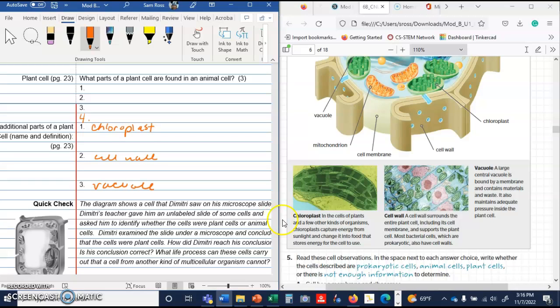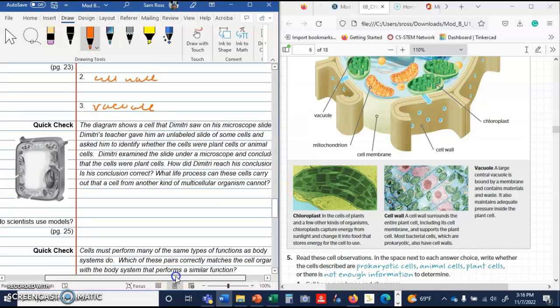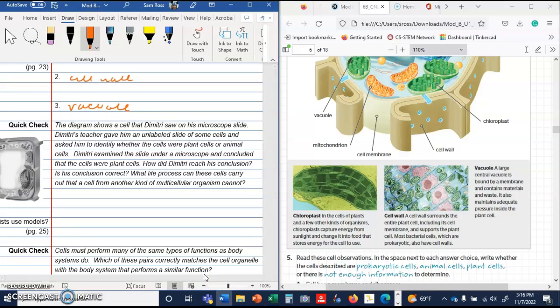So the chloroplast captures light from sunlight and changes it into food. The cell wall surrounds the entire plant cell, including the cell membrane, and gives it support, gives it structure. And then the vacuole contains materials and waste. It also maintains adequate pressure inside the plant cell. So there's reasons that all 3 of those things are in a plant cell.